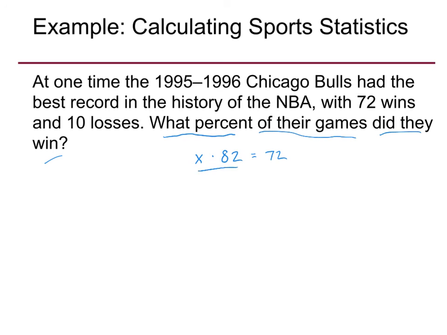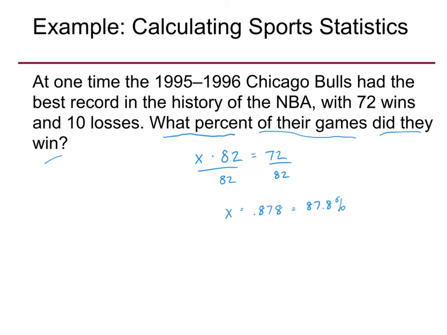To answer this one, we're going to divide both sides by 82 and then convert that decimal to a percent. 72 over 82, x is equal to 0.878, and that, as a percent, is 87.8%.